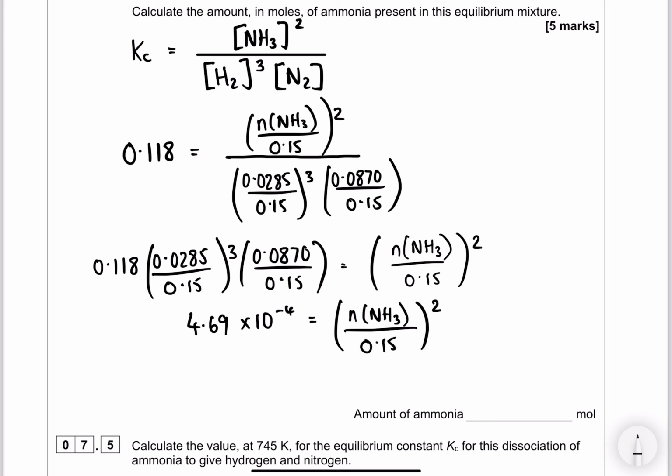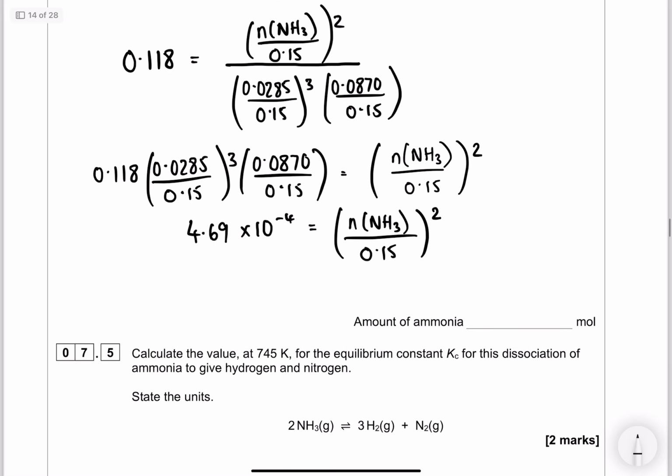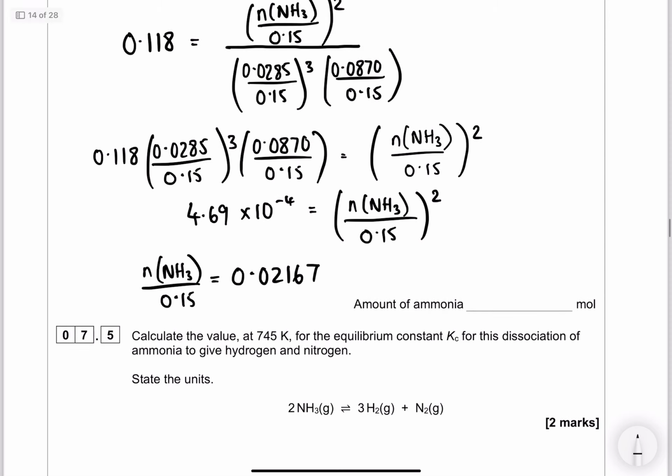So what I'm going to do now is square root that. So then I'm getting moles of ammonia divided by 0.15 equals 0.0216. And then I'm going to times by 0.15 to get rid of that bottom line. And that is going to give me my answer. I'm going to give it to 3 significant figures. So 3.25 times 10 to the minus 3 moles.